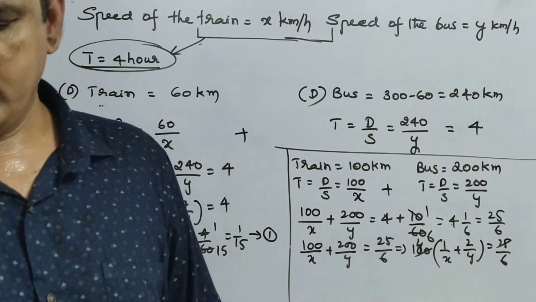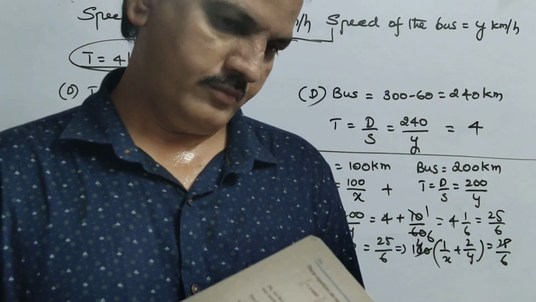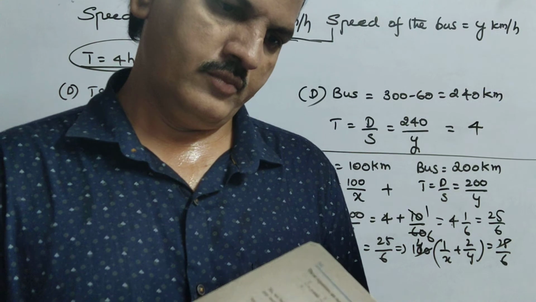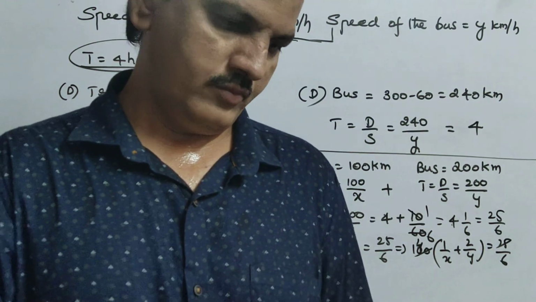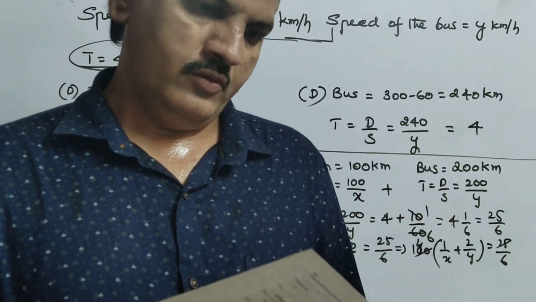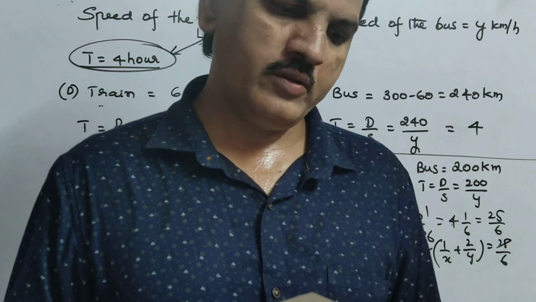Okay, now coming to the last sum, that is in 3.4, I think so. Yeah, 3.4, page number 57, second Roman, third sum.